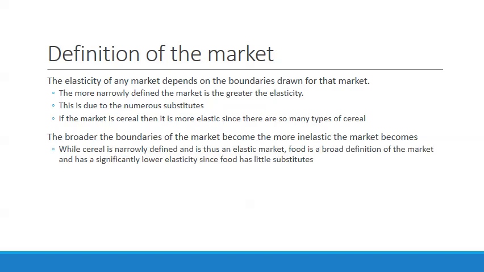While cereal is narrowly defined and is thus an elastic market, food is a broad definition of the market and has a significantly lower elasticity since food has few substitutes. You'll notice the huge part of what makes something elastic is the number of substitutes available for it. And when you talk about food, there just aren't substitutes for food. So when we talk about food, we're talking about an inelastic demand. But when we talk about cereal, we're talking about an elastic demand.